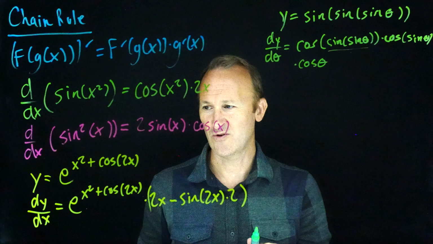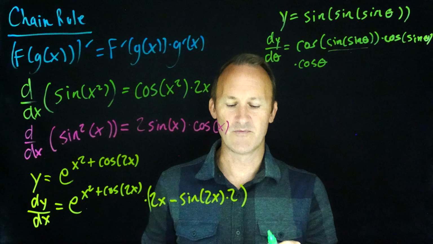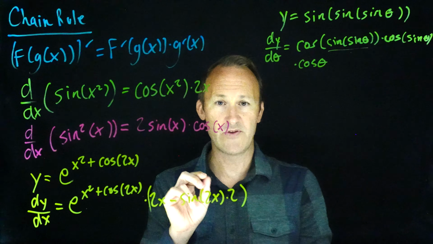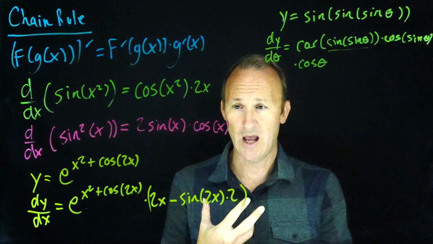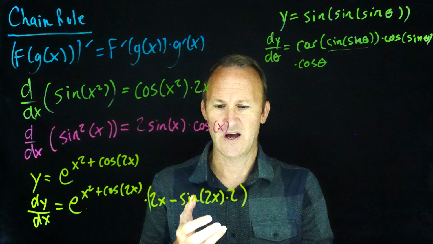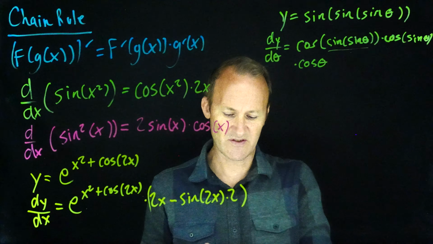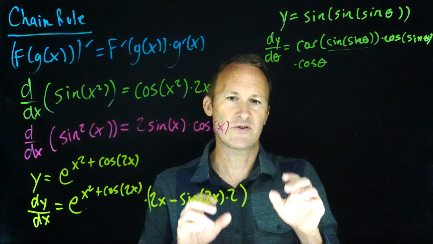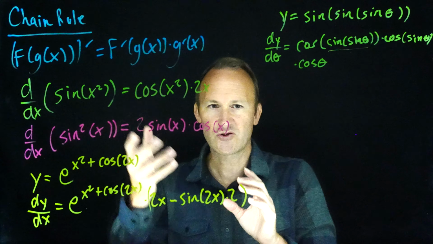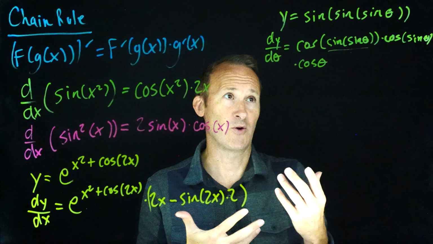The chain rule, I think, is cool, it's fun, it's probably the most useful tool of them all when you're learning how to take derivatives, because it's very common that you have to work with nested functions. And you also have to think about them carefully. You have to know the difference between a function within another function and multiplication.